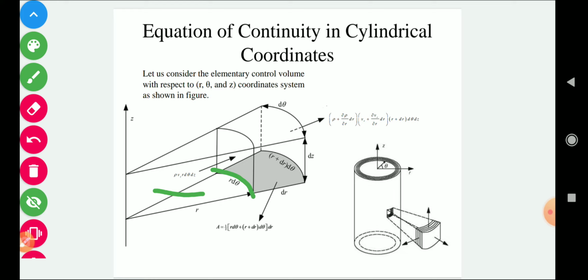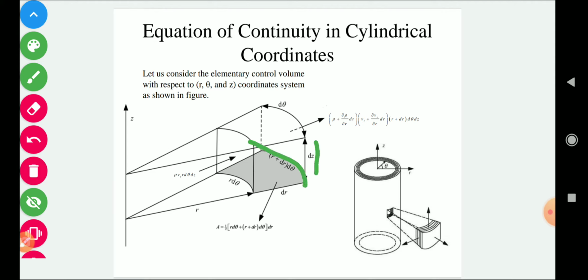Similarly, we can calculate the mass flow rate at the exit. So at the exit, this arc will be equal to radius into angle, where the angle is d theta. Now the radius r is this radius and its thickness is dr, so here the radius will be equal to r plus dr. So r plus dr into d theta will be the length of this arc.